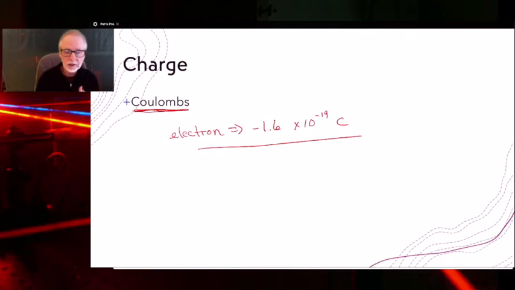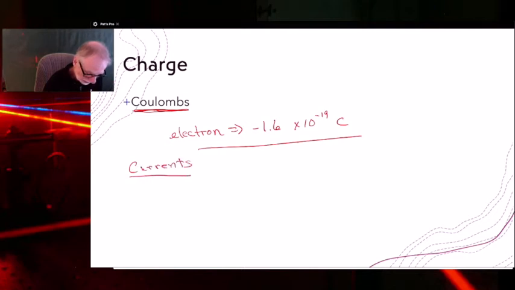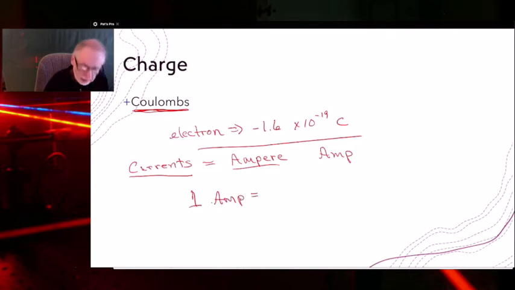When we talk about electrical currents, for example, you've probably heard the term ampere or amp. 1 amp is defined as a current, and that's essentially the rate at which charge flows through an electrical circuit, of 1 coulomb per second.